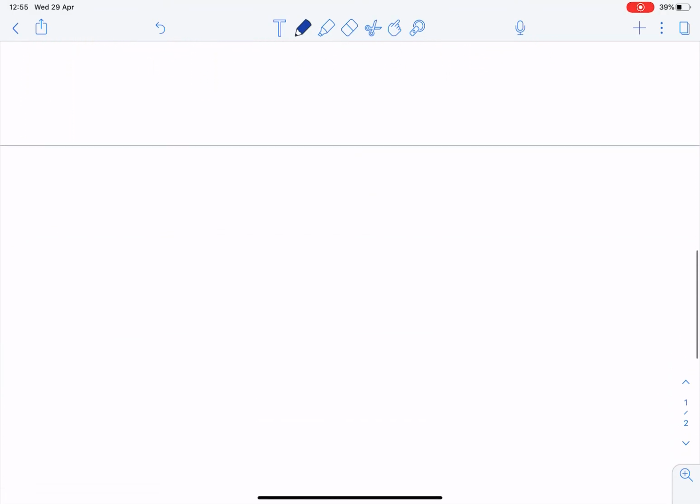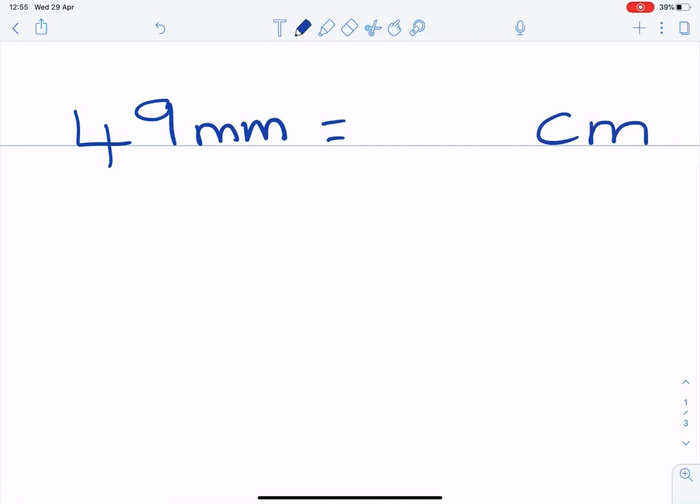Let's have a look at the last example, and they're asking you to convert 49 millimeters into centimeters. Our clue says that 10 millimeters equals 1 centimeter, and we had to divide 10 by 10 in order to get 1. So we are going to divide 49 by 10 in order to get our answer.